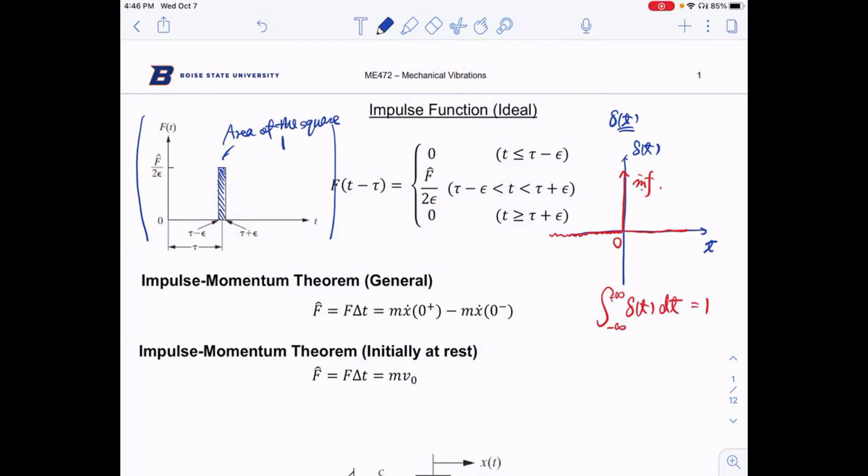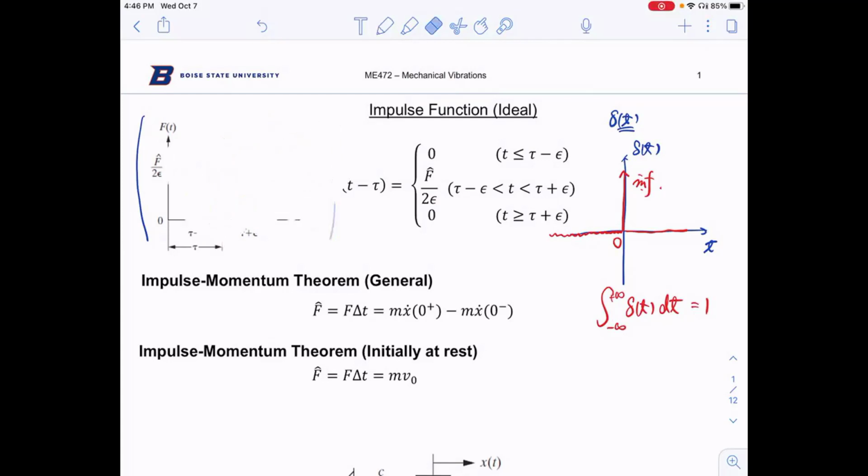The width of this square is 2 epsilon, and the height of this square is 1 divided by 2 epsilon. Your delta function is when your epsilon approaches 0, and then you eventually get your delta function. All right, so that's an ideal impulse in math.